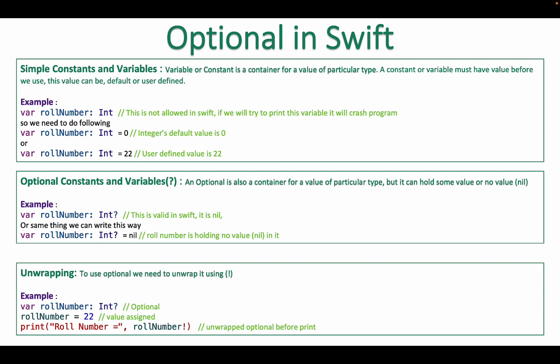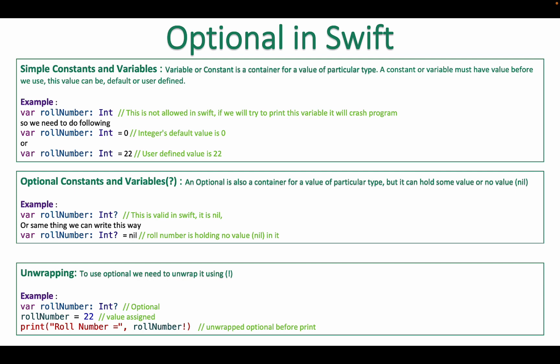Now when we say optional, that means its value is nil, but still you can print it, but you cannot use it. If you try to print this value, it will say roll number equal to optional nil. The same line we can write the other way: roll number, data type is integer and equal to nil. That means it is holding nil value.